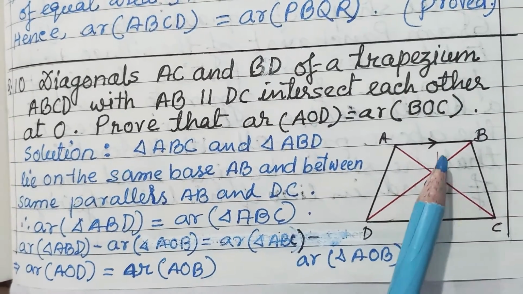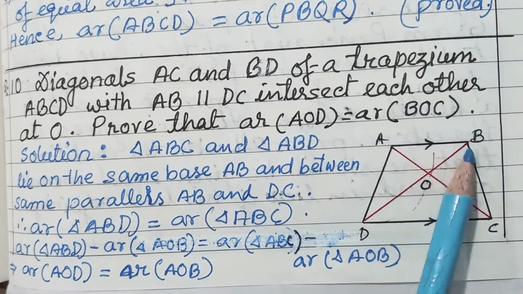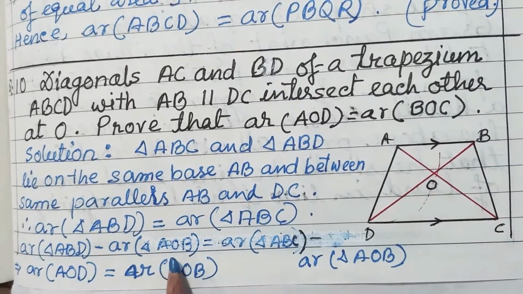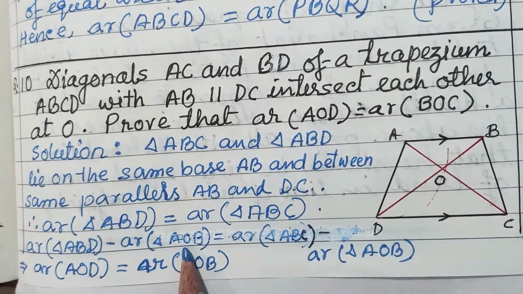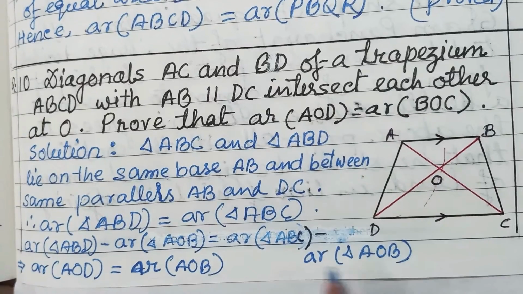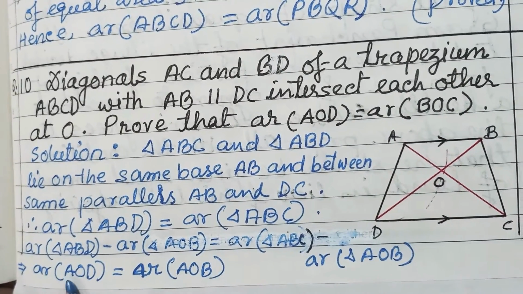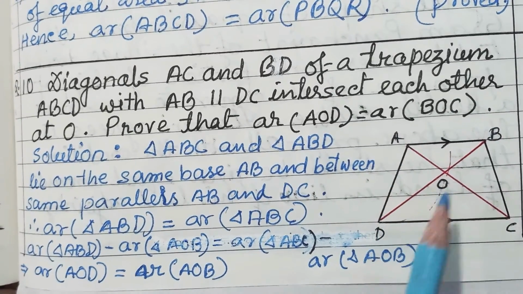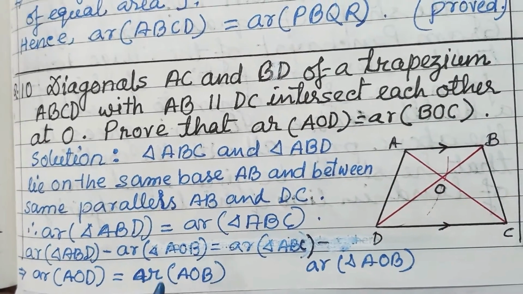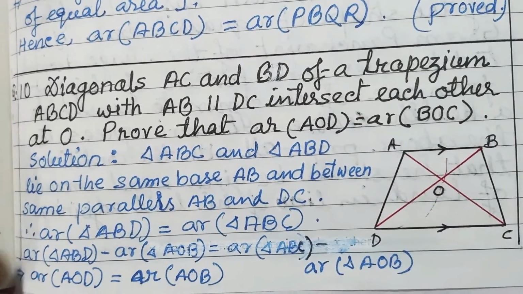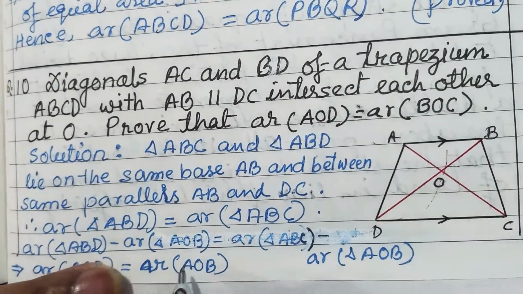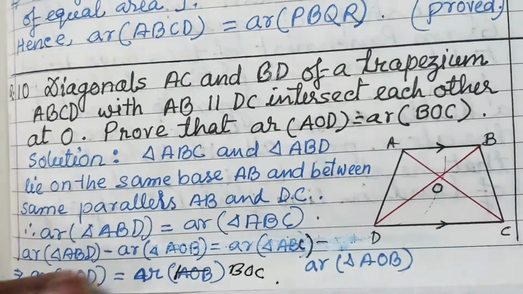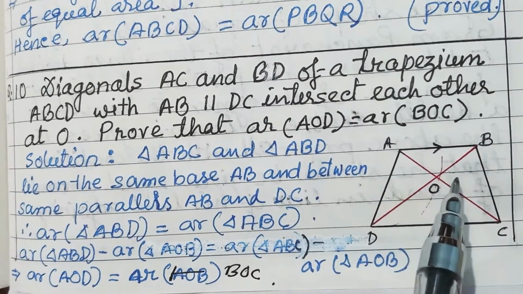Now if you subtract AOB from both the triangles, we get the area of triangle AOD is equal to the area of triangle BOC.